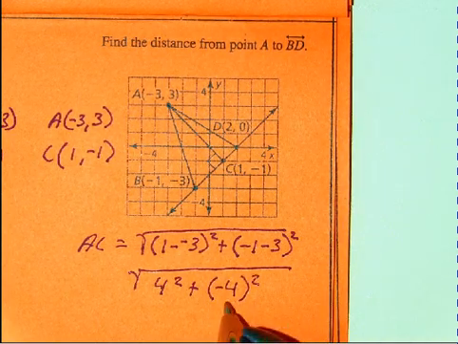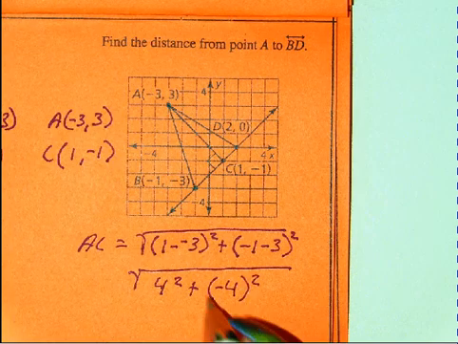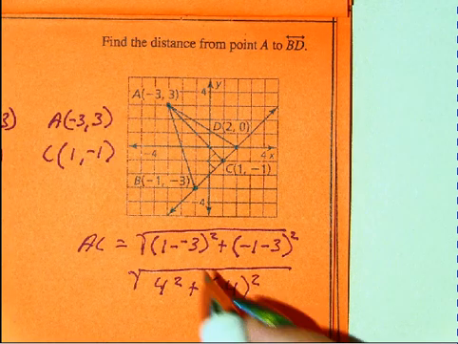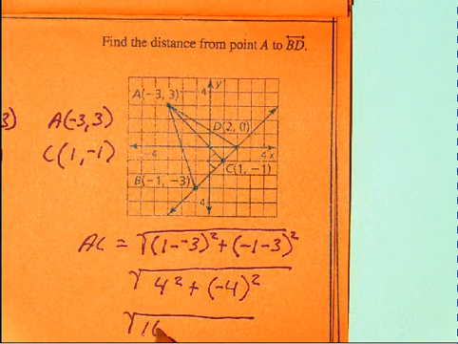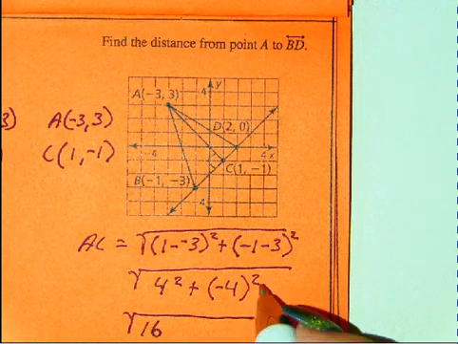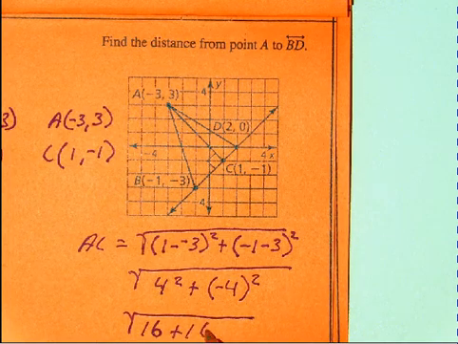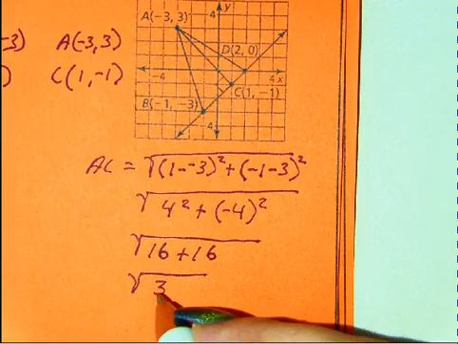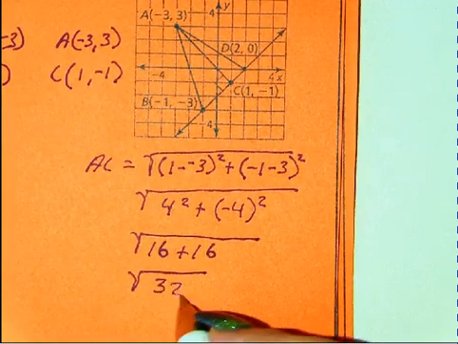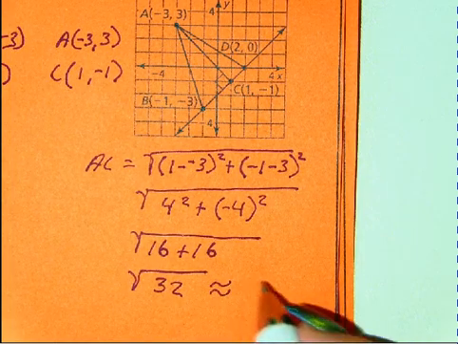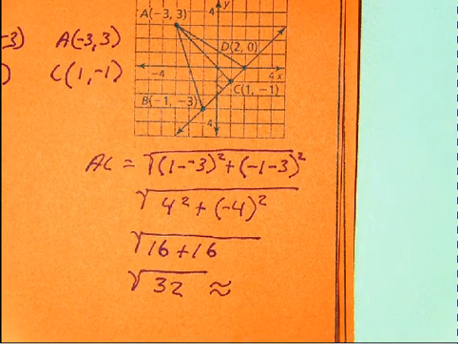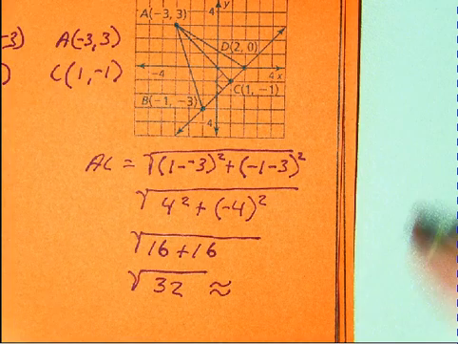You'll notice I put the -4 in parentheses because I want that whole thing to be squared, not just the 4. So then next is my exponents. 4 squared is 16. (-4) squared is also 16. So we get the square root of 32. And this is an acceptable answer. If you would like to approximate, you can also do that and then put your decimal answer there. Okay? All right, let's keep going.